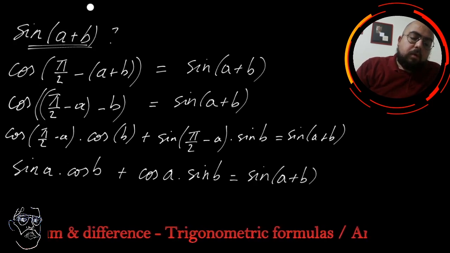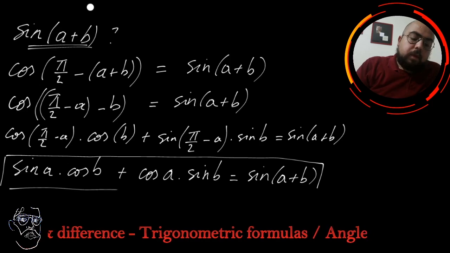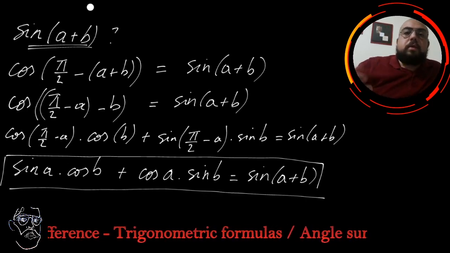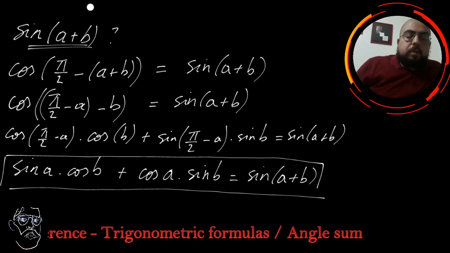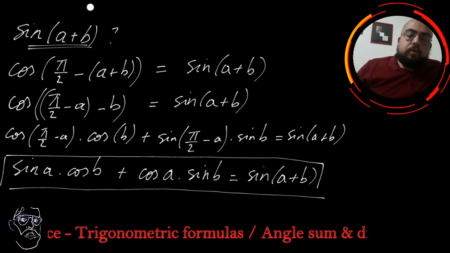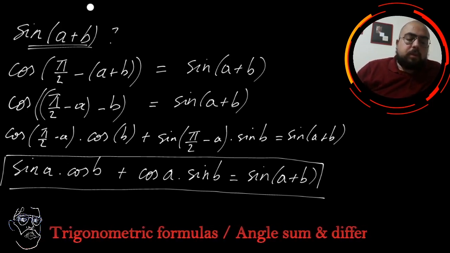And this is how you were able to find sine of a plus b. Again, you simply use the formula. What I'm doing here is a certain demonstration in order to prove how I am supposed to find this formula of sine of a plus b.